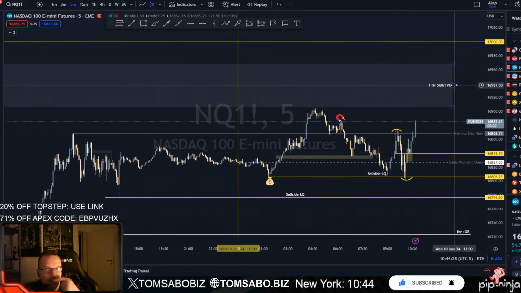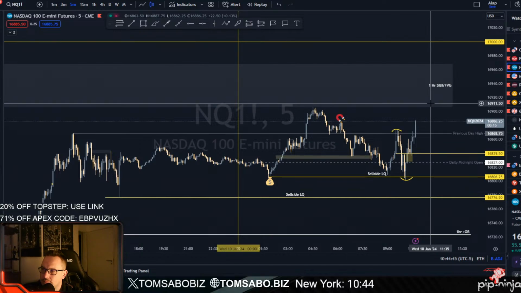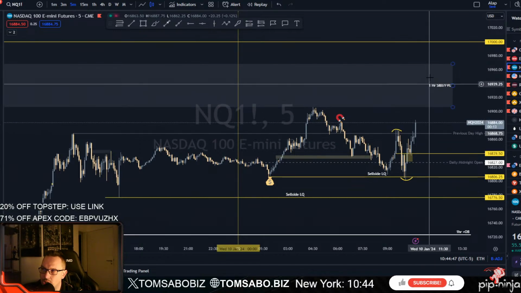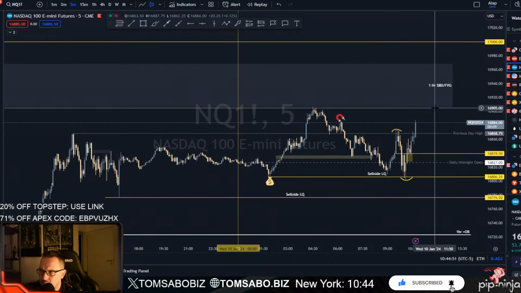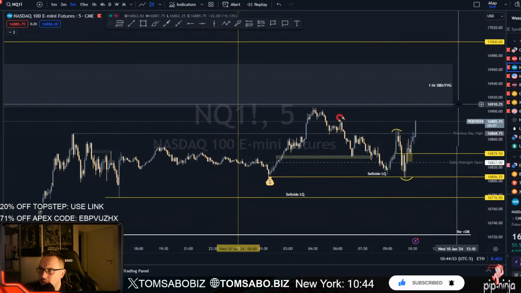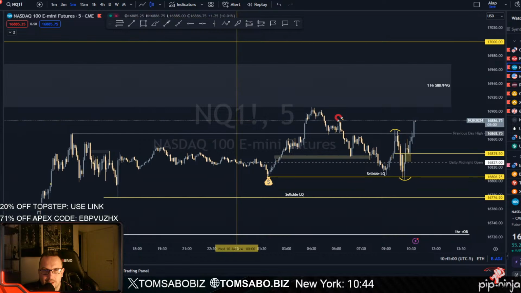We used to see that before major news, the market can be pushed up as part of the manipulation, and then sold down. We have this 1 hour liquidity not far. It's actually 20 points away, so for Nasdaq it's basically nothing.